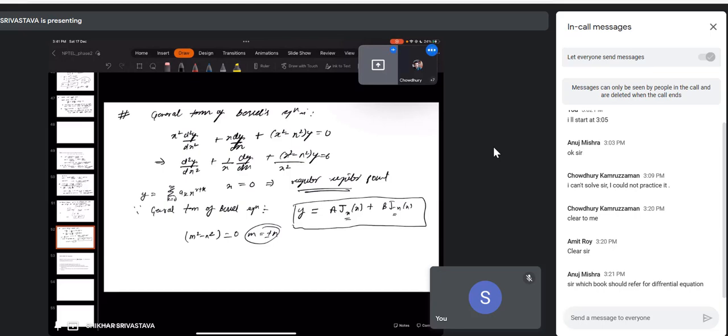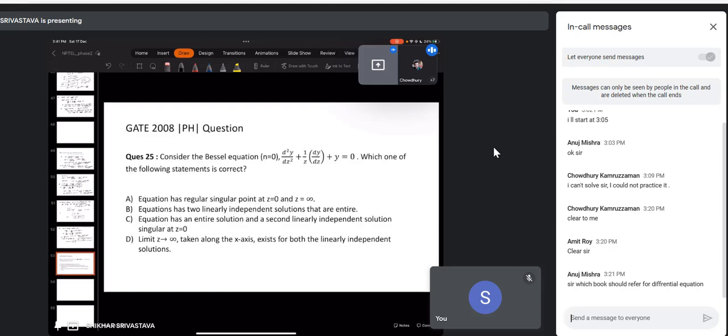Okay, so this is the general form of the solution of the Bessel function equation. It also has two independent solutions. So this is not important. What is important is solving some of the questions related to Bessel function. In GATE 2008, there was one question. The question was: consider the Bessel equation, a special kind of Bessel equation, of this form: d2y by dz square plus 1 by z dy by dz plus y equal to 0.